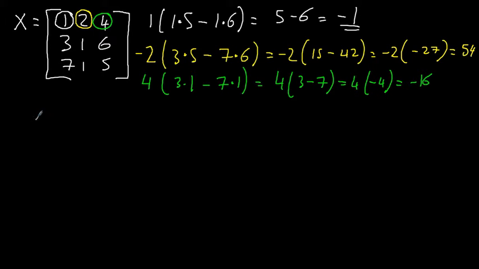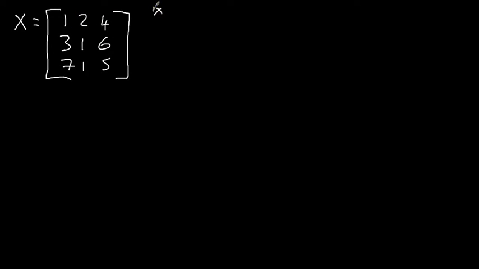So now we add minus 1 plus 54 minus 16. Well, 54 take away 1 is 53, take away 10 is 43, take away 6 is 37. So that determinant is 37. So that is equal to the determinant of x. So I'll write down that the determinant of x is 37 so we don't forget.